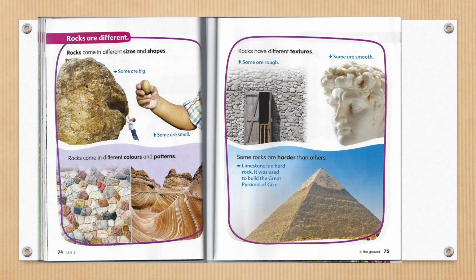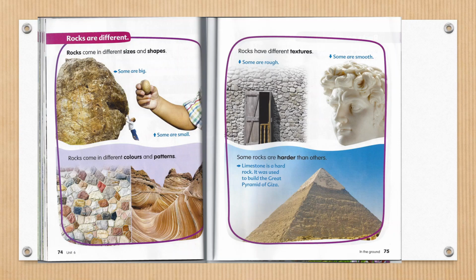Okay, if we go back to pages 74 and 75, you have this information. Rocks can be different. Rocks come in different sizes and shapes. Some are big, some are small. Rocks come in different colors and patterns.